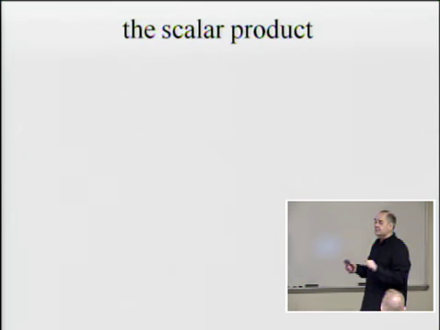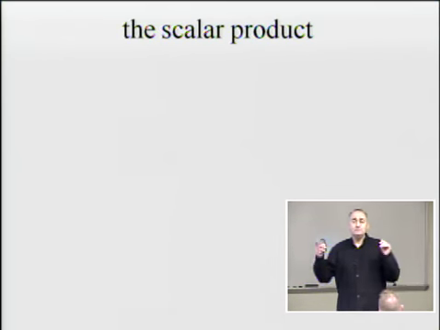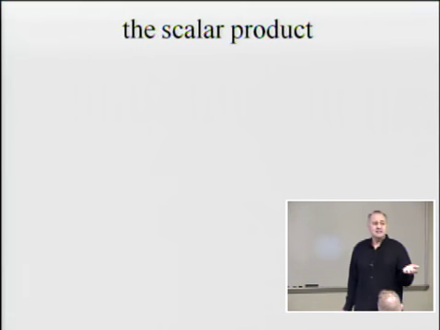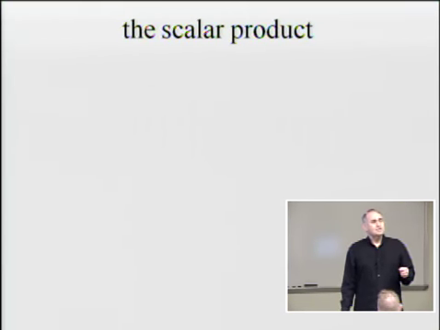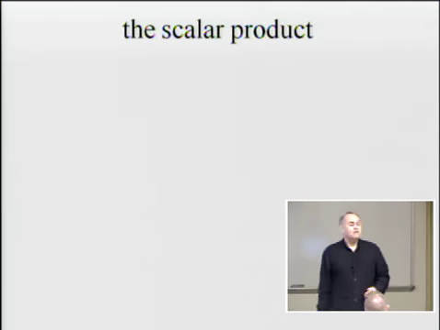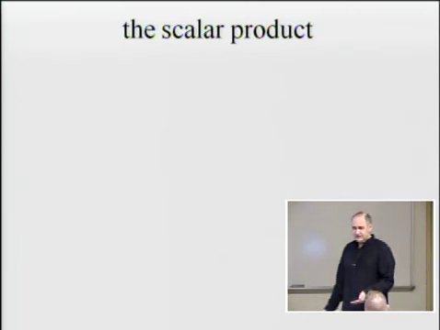Today we are going to learn how to multiply a vector by a vector, and it happens that in science we have two different multiplications of vectors, and we give them different names. So today we are going to learn how to multiply two vectors using the scalar product, and in the future we will learn how to multiply two vectors using the vector product.